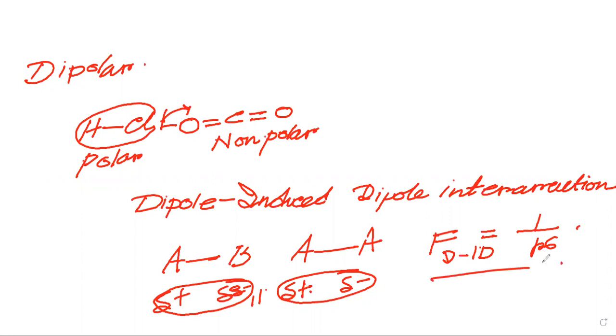So what we get is, if we have a system that is polar, then three kinds of forces may act between them: dipole-dipole forces, dipole-induced dipole, and along with that, London forces will work. So these are the three weak interactions that we learned about.